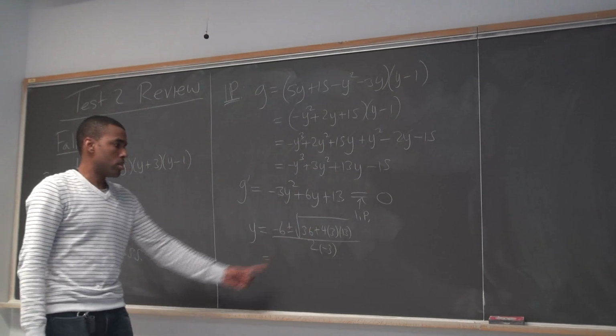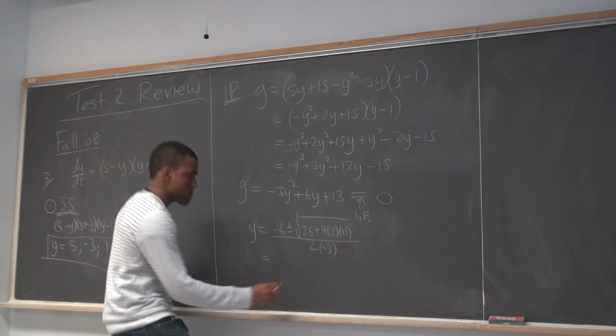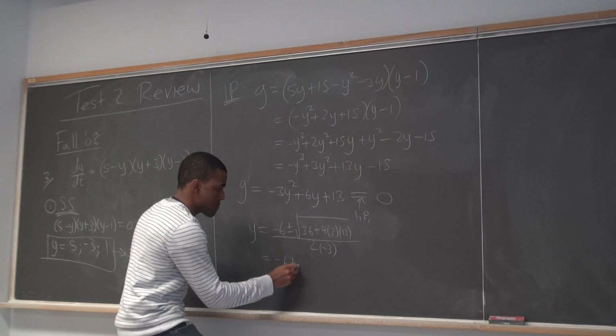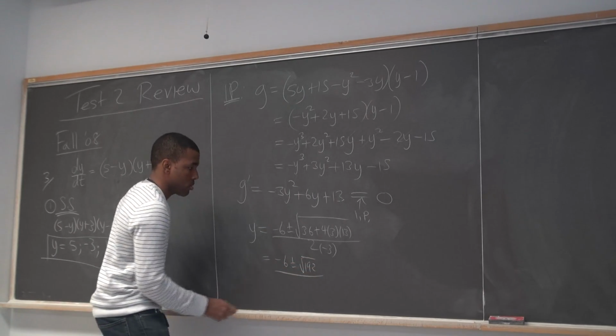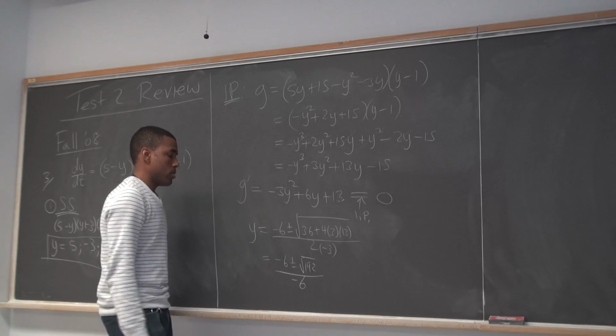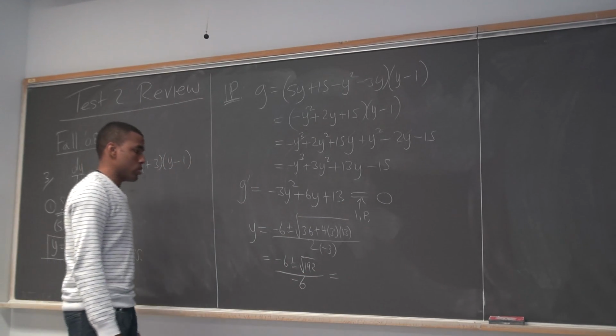And what is under the square root? You're going to get negative 6 plus or minus the square root of 192, over negative 6. So what is the square root of 192?